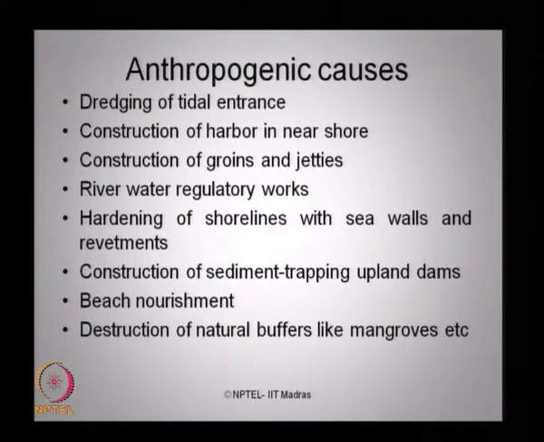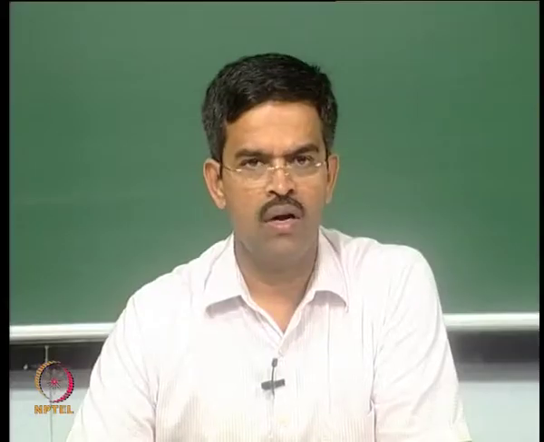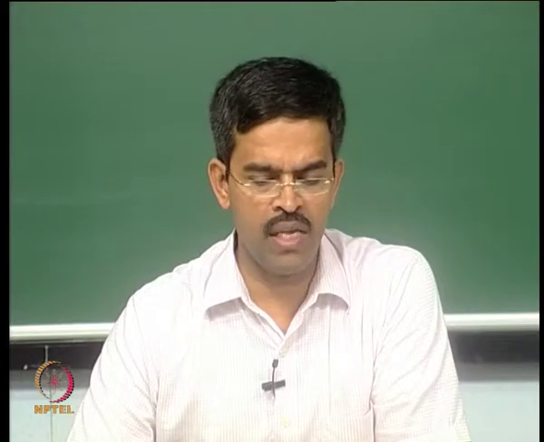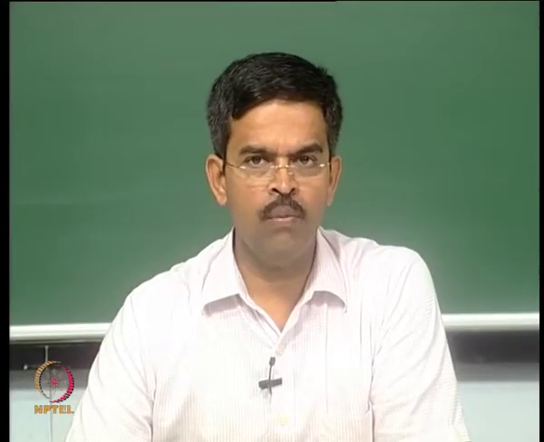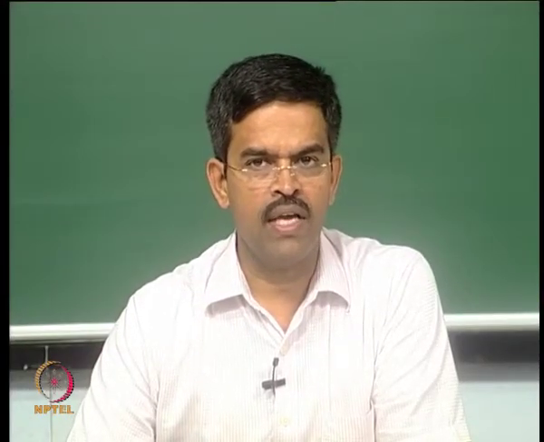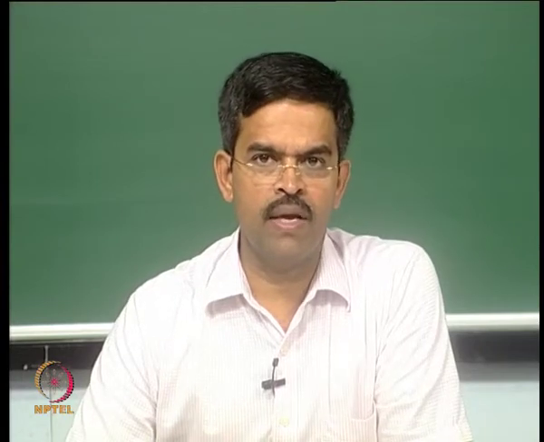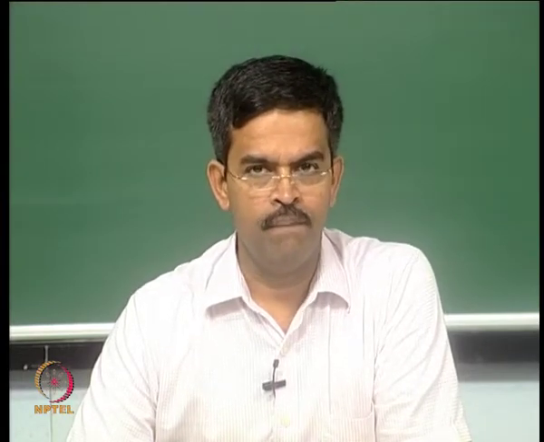It can also be caused by destruction of natural buffers like mangrove forests which are generally developed along the coastlines, and by extensive mining of sand and water extraction from the coastal areas. So, ladies and gentlemen, there are two primary reasons why coastal erosion takes place in a very serious manner.